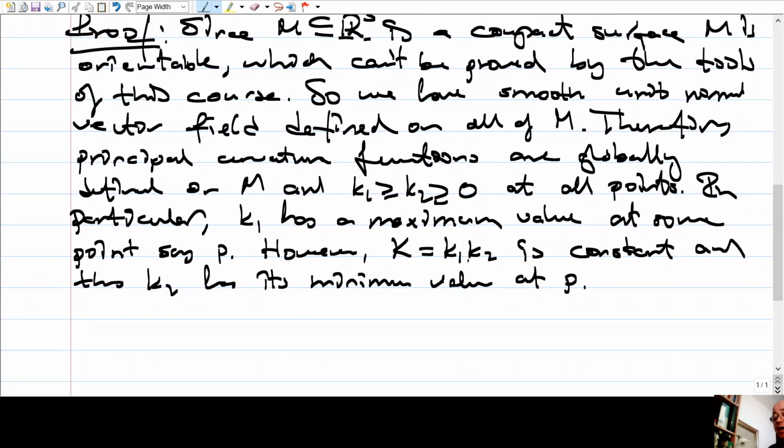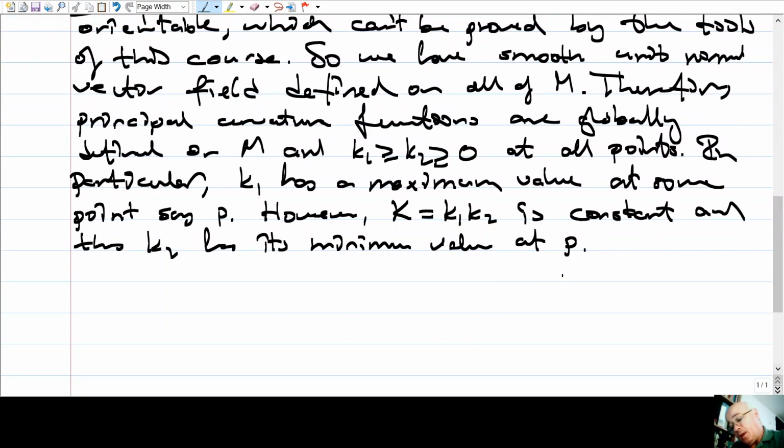Because the product is constant. So if this number achieves its maximum, then the second number should achieve its minimum at that point. Therefore, we have this conclusion.